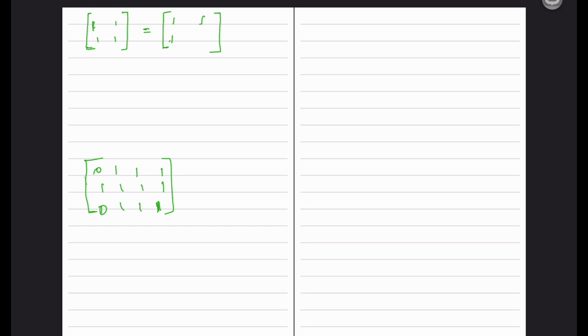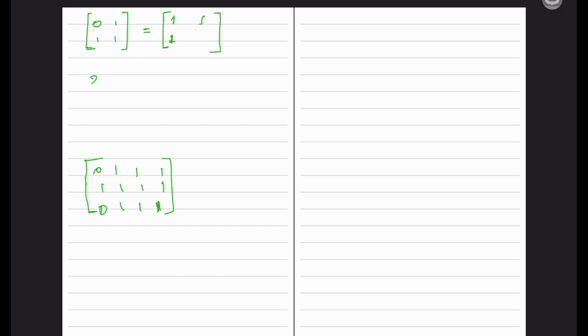Now when i and j are not equal to 0, we know it can form 2 cross 2 or 3 cross 3 matrices, because it has previous, left, up, and diagonal. Now let's assume this value is 0.